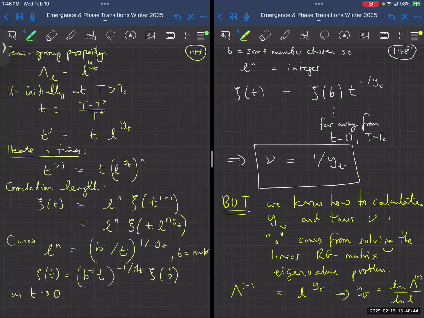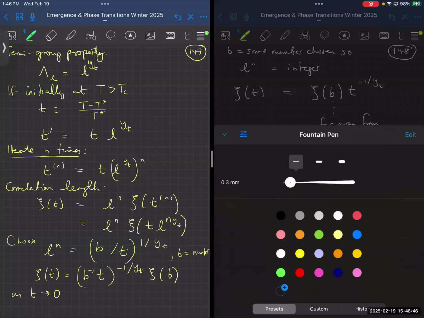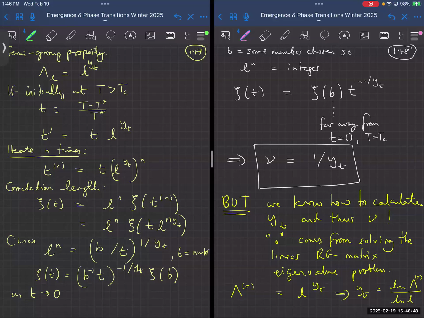amazing thing. Now, the other thing is psi b here is far away from t equals 0, t equals tc. And so that means it's basically going to be small, say a few angstroms.